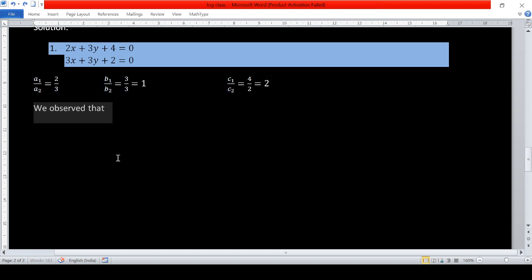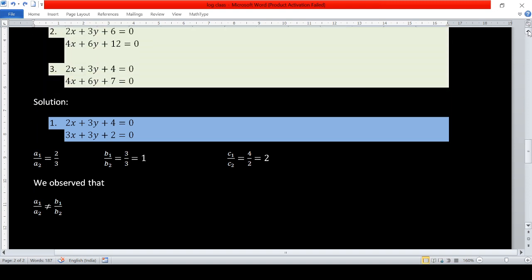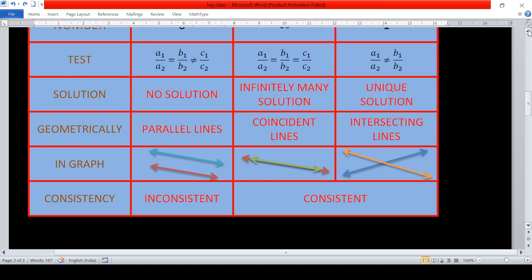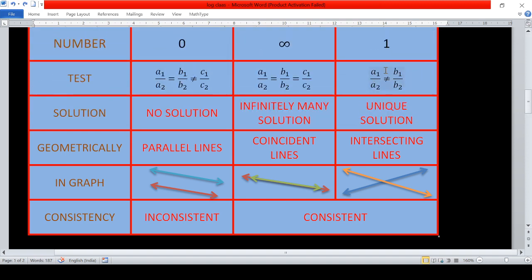So what is our observation here? We observed that a1 by a2 is not equal to b1 by b2. The first two ratios are not equal. We can say the system is consistent and has a unique solution.